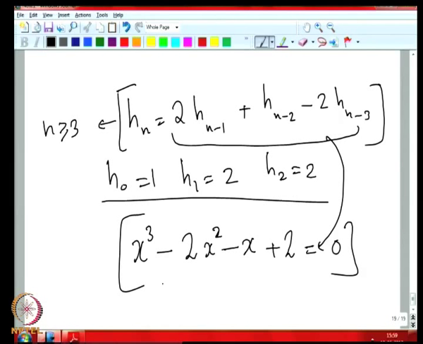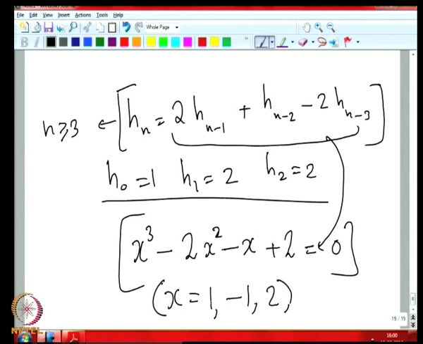Now, we can solve this characteristic equation. Let us not waste time trying to see what the solutions are. This will give the solutions as 1, minus 1 and 2. It is easy to verify this, right.